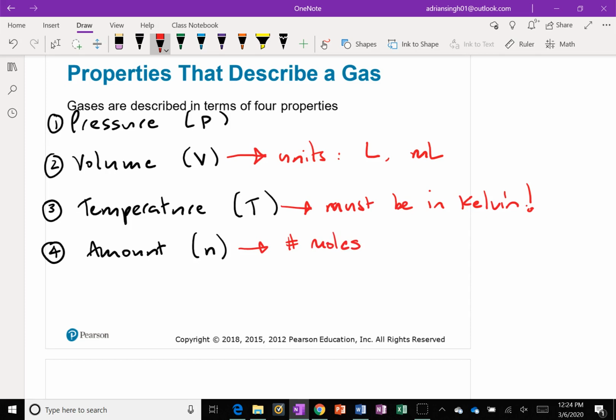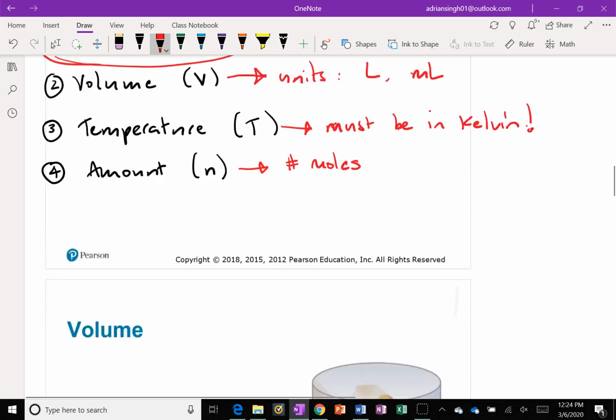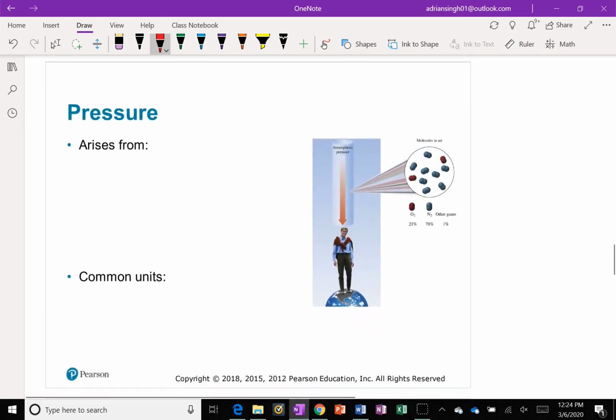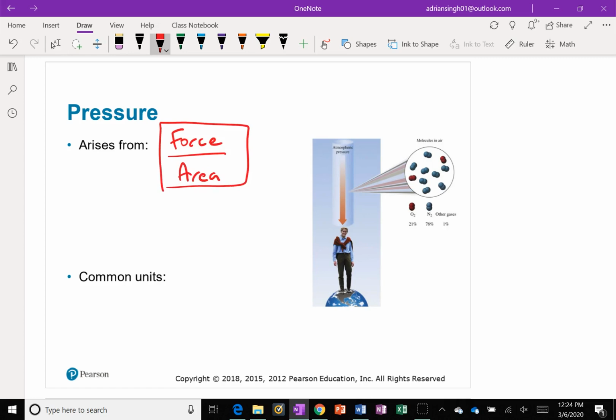So the one that we haven't seen before or talked about is the first one, which is pressure. Right? So what is pressure and how does pressure actually arise? Well, we actually define pressure as a measure of the force acting on some sort of an area. So force over area is what pressure is equal to.